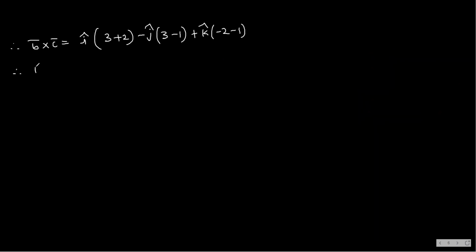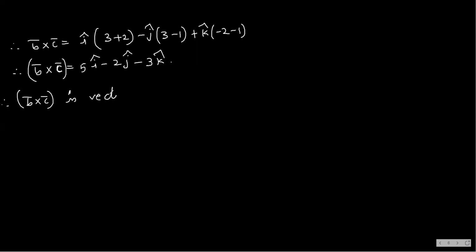So b bar cross c bar is equal to 5 i cap minus 2 j cap minus 3 k cap. Therefore, b bar cross c bar is a vector perpendicular to the required plane.